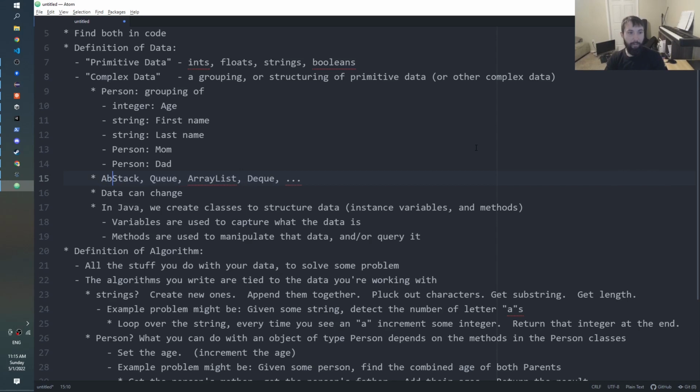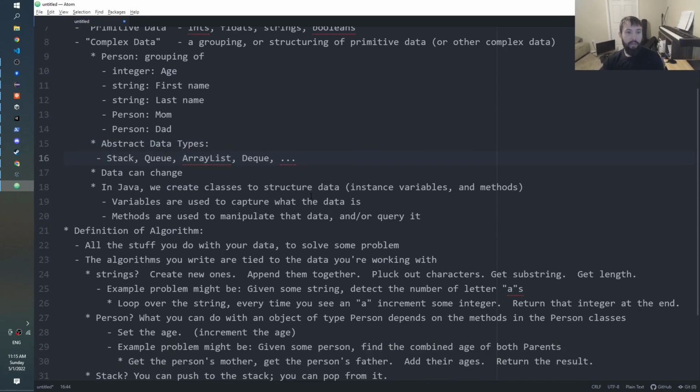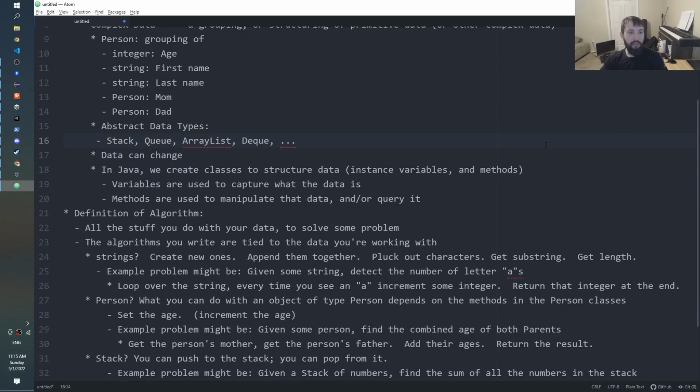These are abstract data types, or abstract data structures. And what that usually means, at least in Java, you've seen this syntax, where there's something inside of these diamond brackets, or these angle brackets.